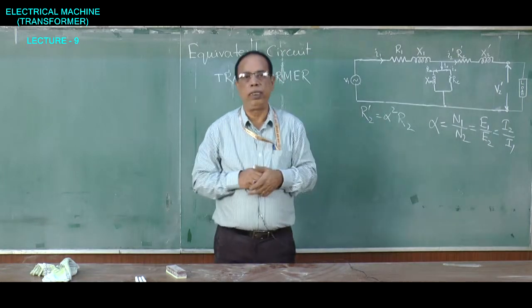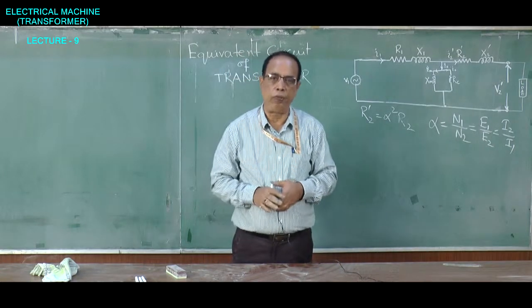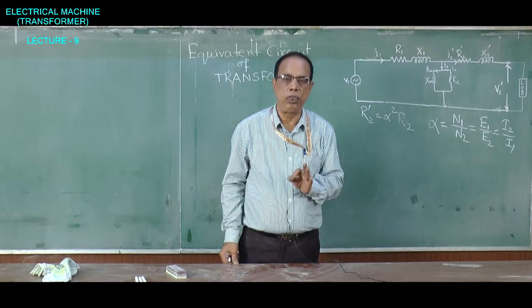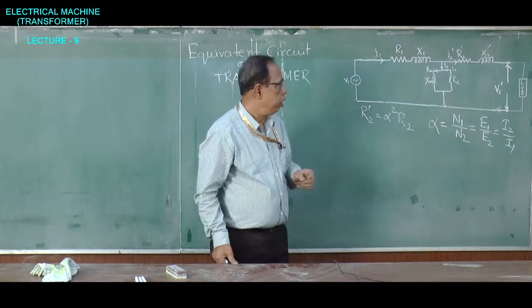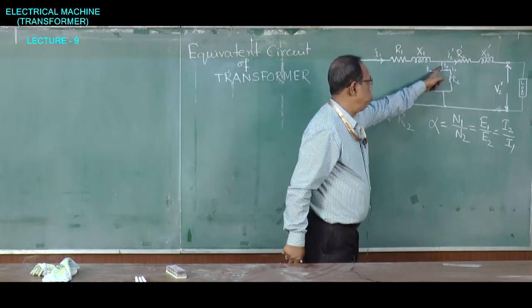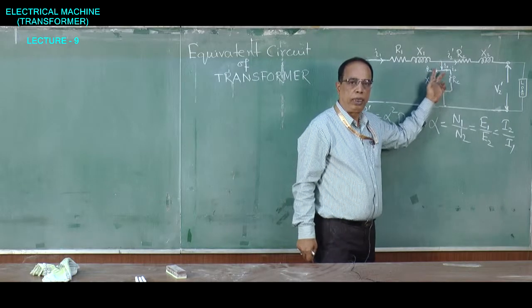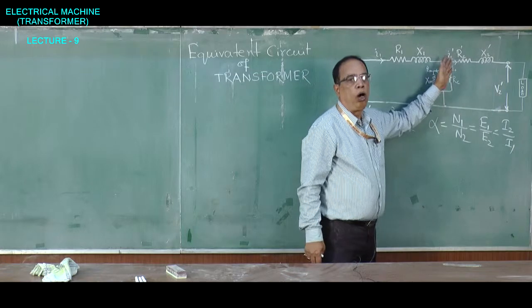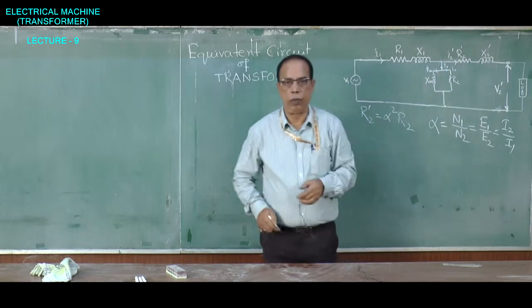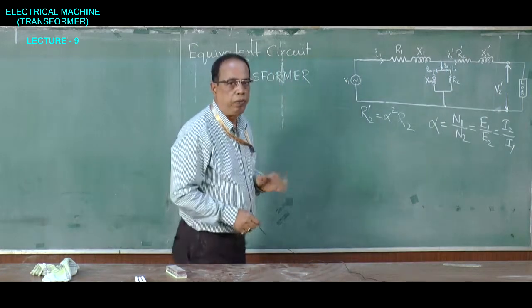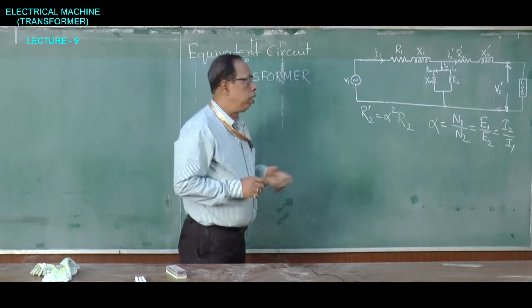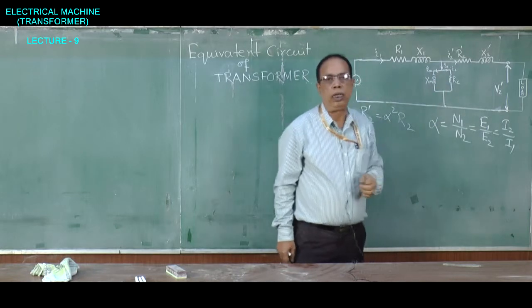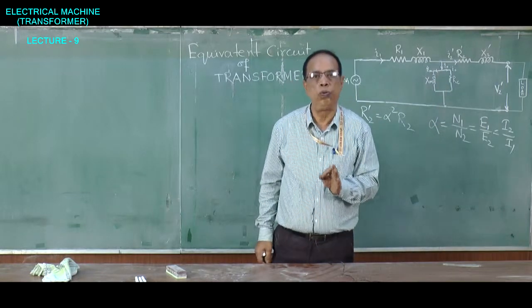Now, this equivalent circuit we can simplify further if we notice a very distinguished character of the transformer, that is, the current I0 which is passing for magnetization is only a very small fraction of the total load of the transformer. That means if a full load current is 100 amperes, then this magnetizing current will be only 2 to 5 amperes.